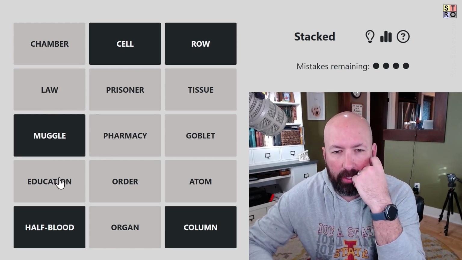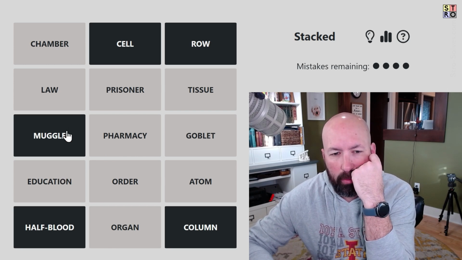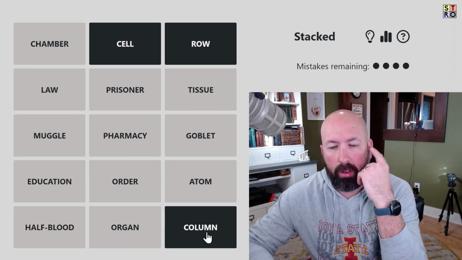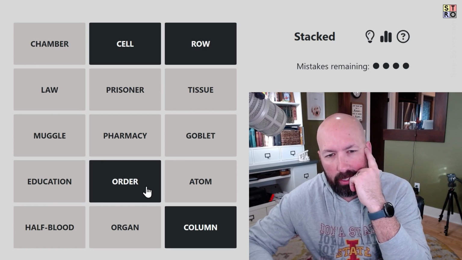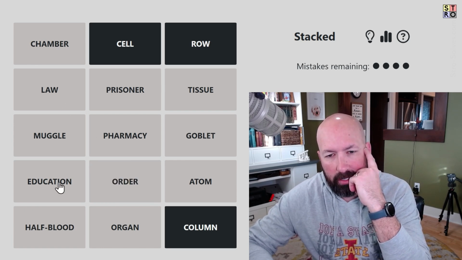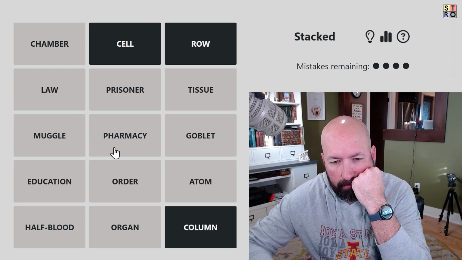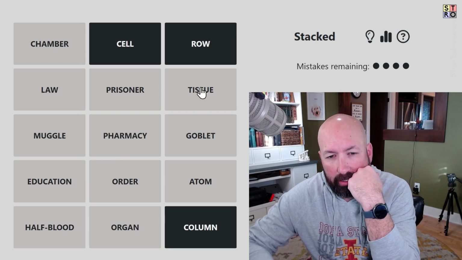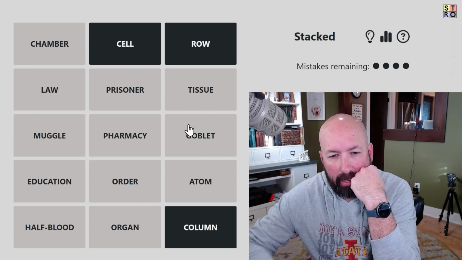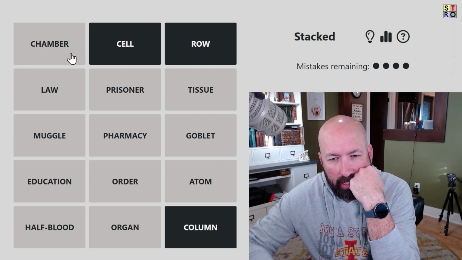But then that's another group of three. So we can't do cell, row, column as a group of three. Order kind of fits with that too. Law, pharmacy, education. I don't know what would go with that. Tissue and organ could be body parts essentially. And a chamber?